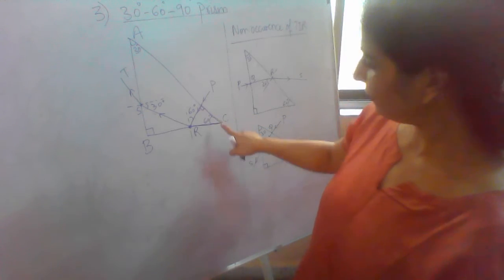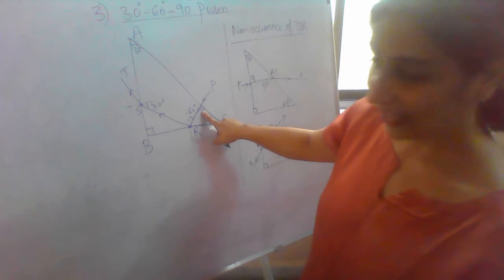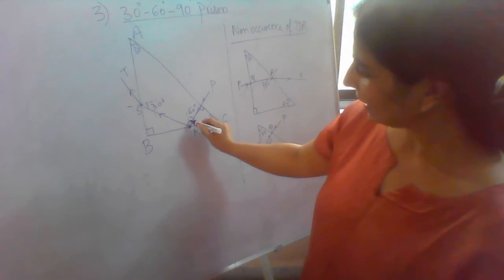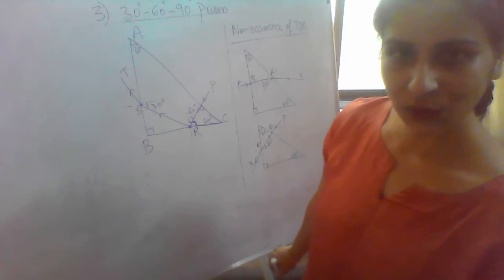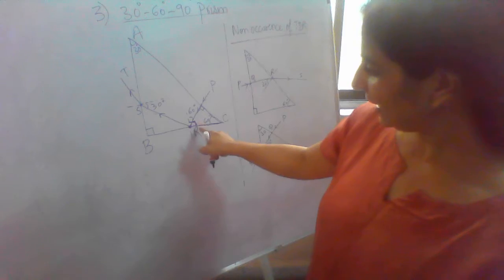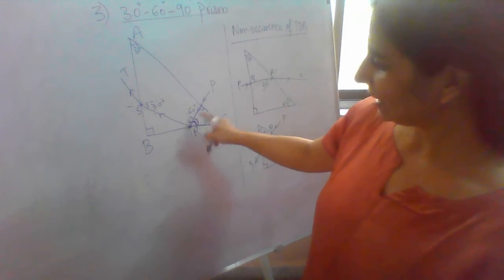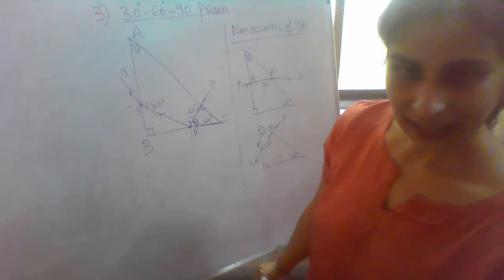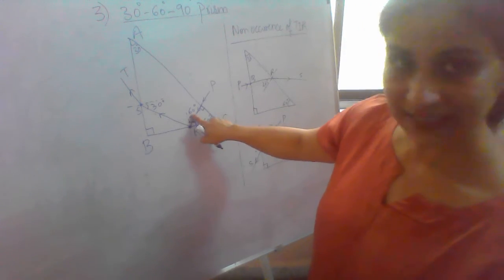If this is 60, this is 90, this is 30. If this is 30, this together is 90 degrees with the perpendicular, so the remaining is 60. So the ray of light strikes at 60.